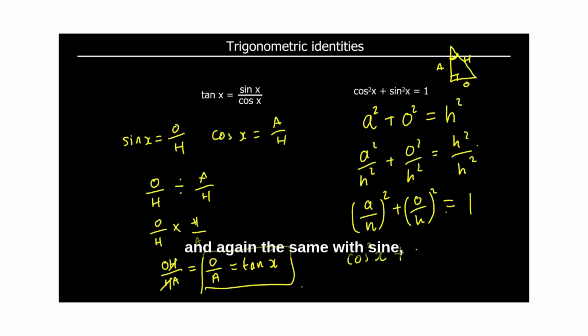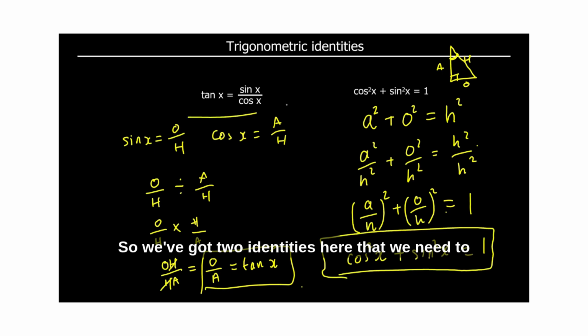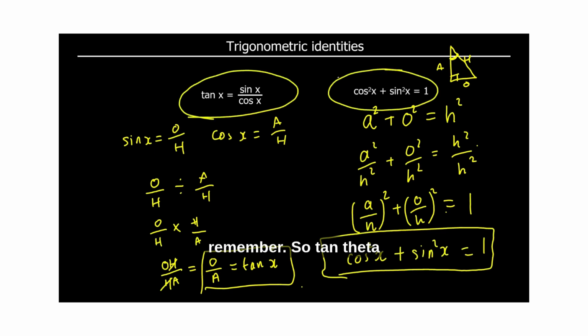And again, same with sine squared x. So this means cos x squared and sine x squared, but we just write them as cos squared x and sine squared x. So we've got two identities here that we need to remember. Tan theta or tan x is sine x over cos x, and cos squared x plus sine squared x equals 1.